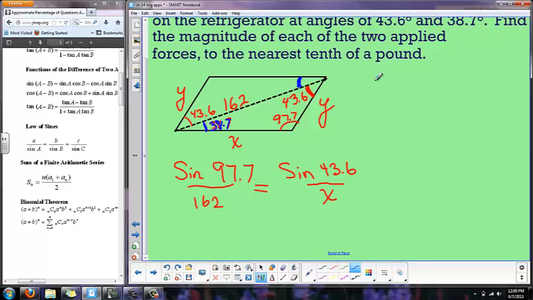And you know what? Why don't I just write it out while we're doing it, because we might as well. So to solve for y, I'm going to do sine of 97.7 over 162 is equal to the sine of, I'm looking for y, so the angle across from it is sine of 38.7 over y.